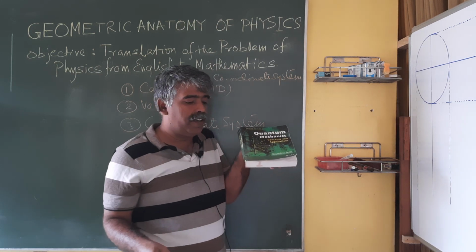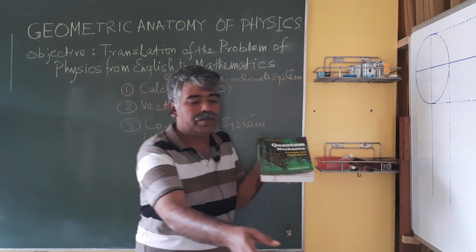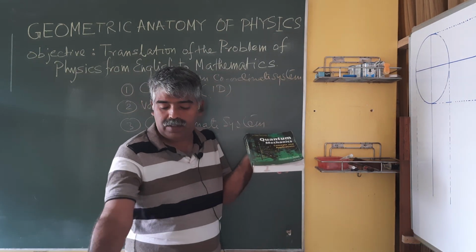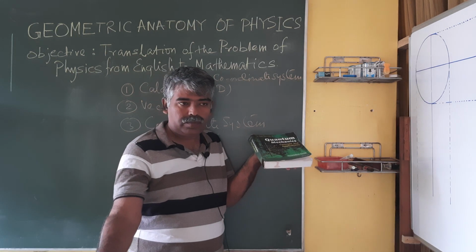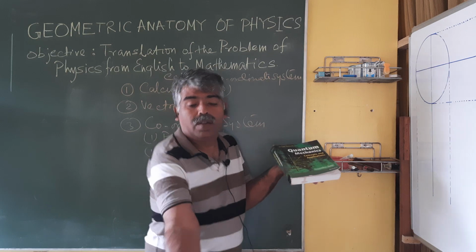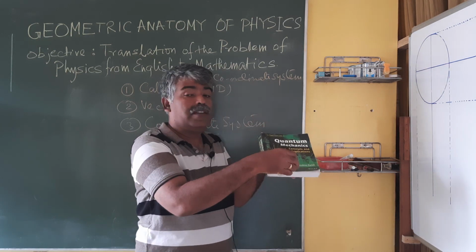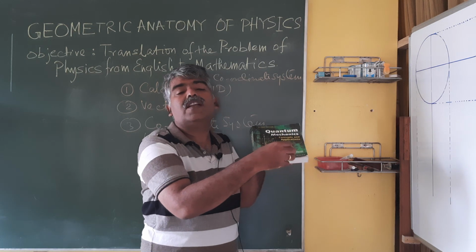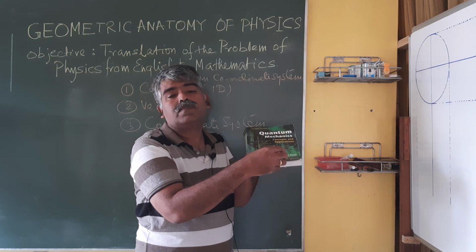I'll show you immediately. Suppose I release this ball, it comes down like this, right? It doesn't go like this, it doesn't go like this. This line is called the line of greatest slope.